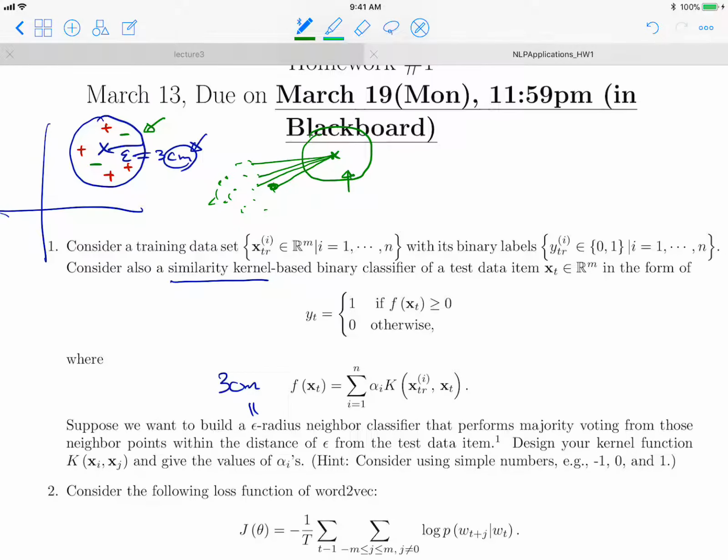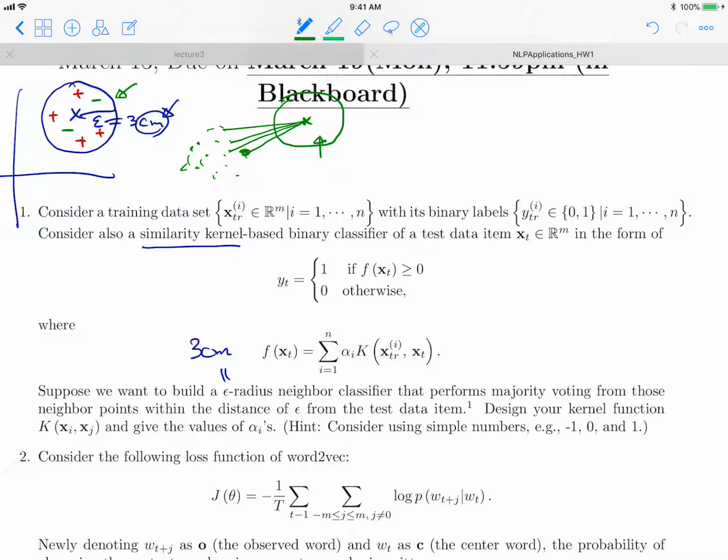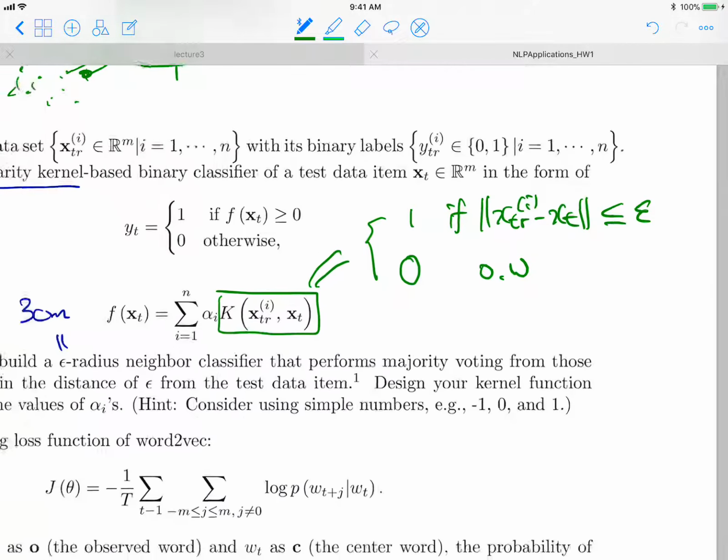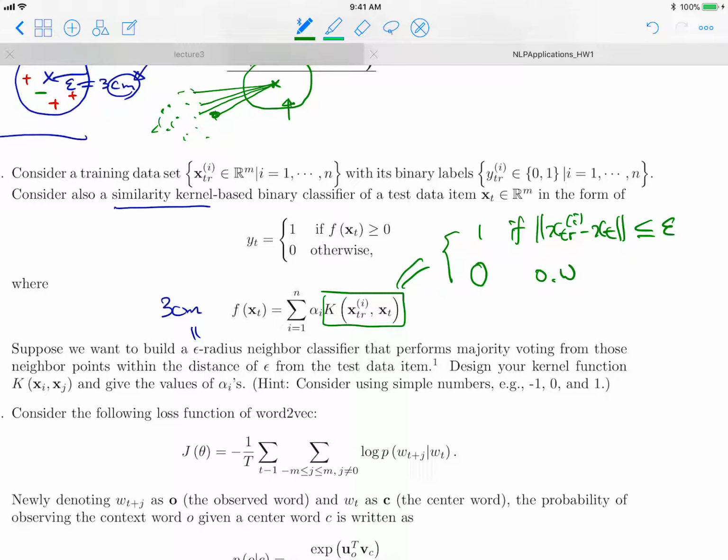Let me give the solution directly. The kernel can be defined as 1 if the distance, as a norm, between x_tr_i and x_t is less than or equal to epsilon, otherwise it will be 0. If we have maybe 10 training examples, with 6 inside here, 3 of them outside, and another one being here, in total we have 10 training examples.